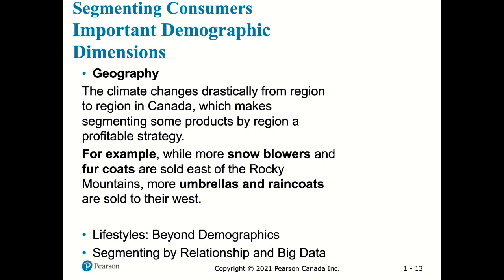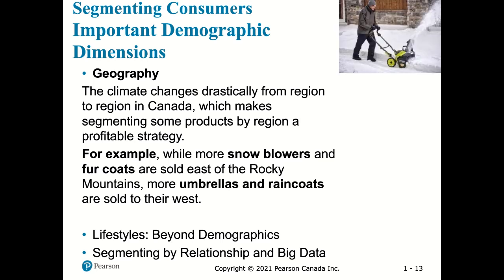If we talk about geography, the climate changes drastically from region to region in Canada, which makes segmenting some products by region a profitable strategy. If you are living in a place where there is too much snow, take the example of Alberta.